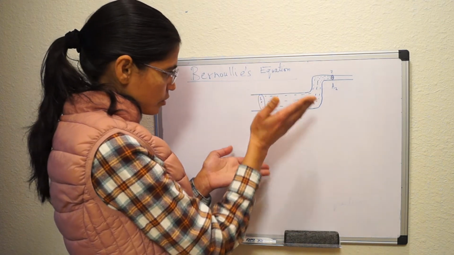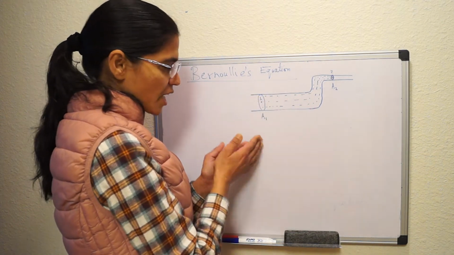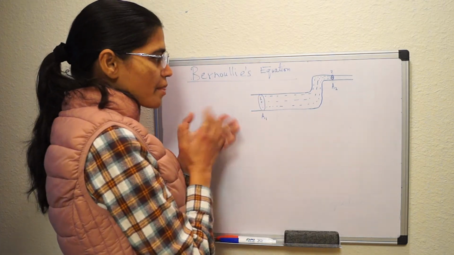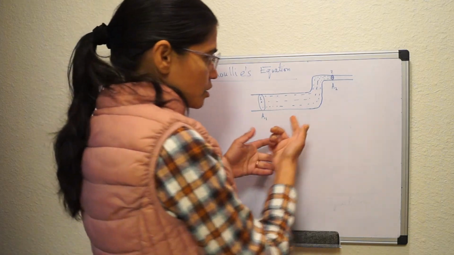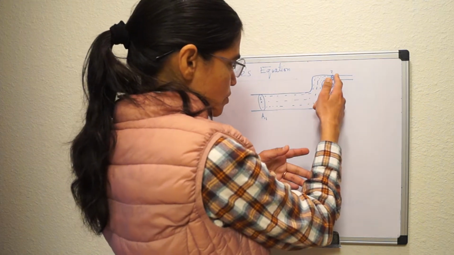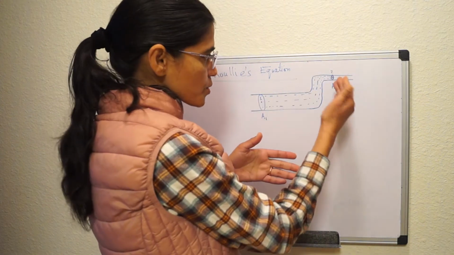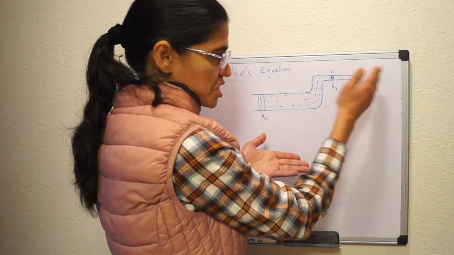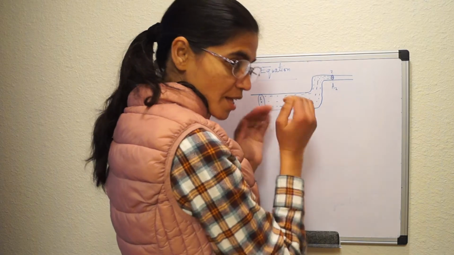We'll take a small distance delta x here at reference point 1, and then compare that volume with the volume that moves in this tube through here some distance, maybe delta x2, in the same amount of time.